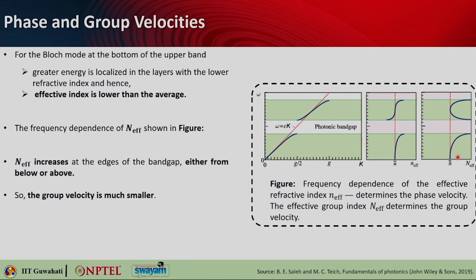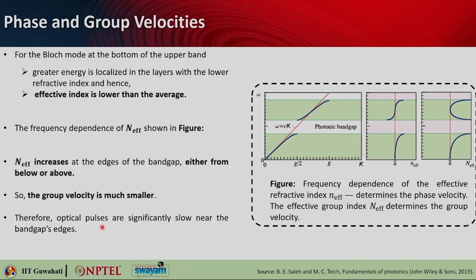So, when index is larger, the group velocity is smaller. It means when you are approaching a band gap, you will see that the waves are much slower. So, the optical pulses are significantly slow near the band gap's edge. So, that way you can actually make different devices based on this particular concept.